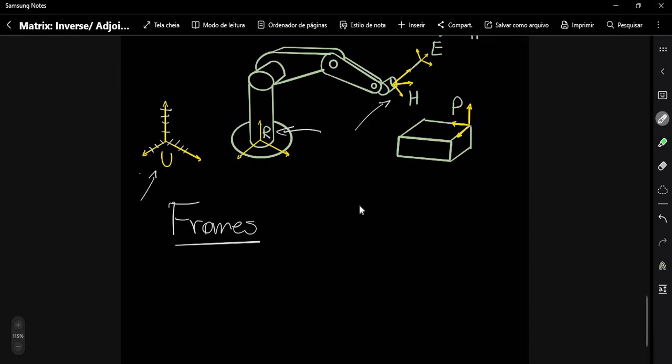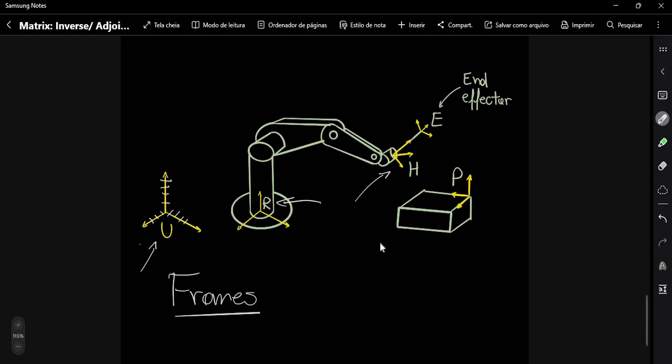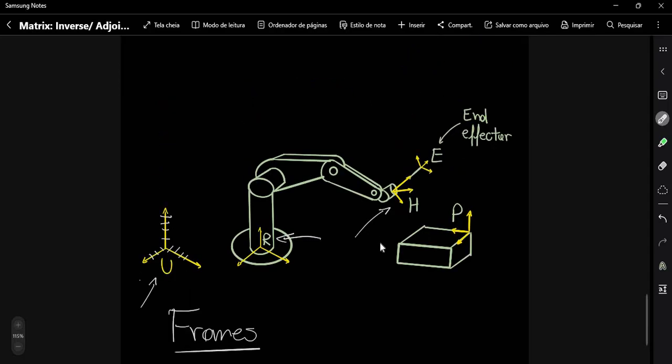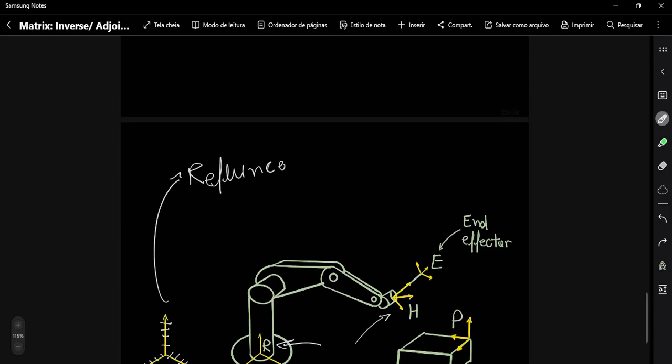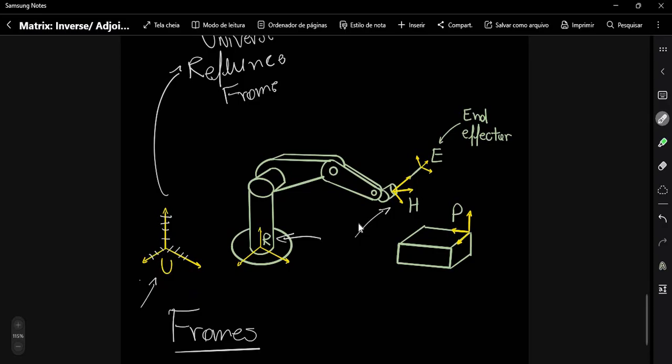Based on this reference frame, again, we have to interpret the names and the task. So, the universe reference frame.